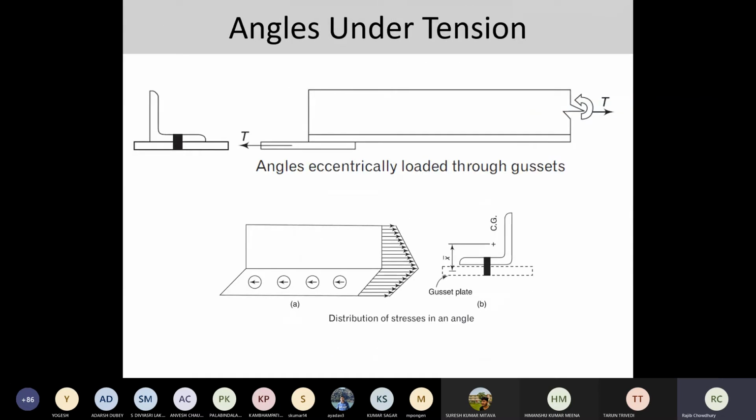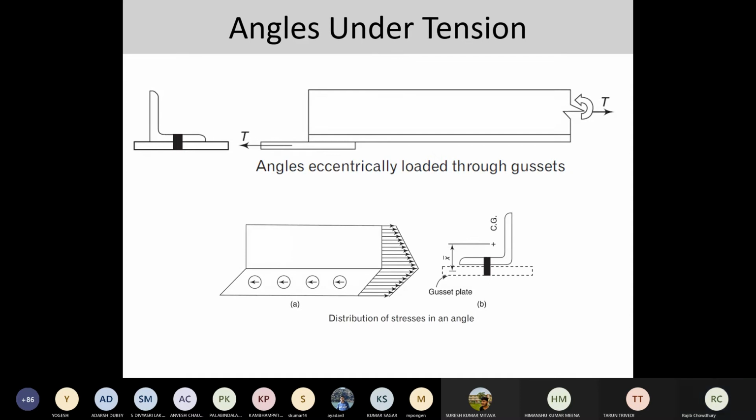Now next is the angle under tension. Whenever an angle member is connected with a plate or gusset plate, what is going to happen? First of all, let us look at how the stress distribution happens.